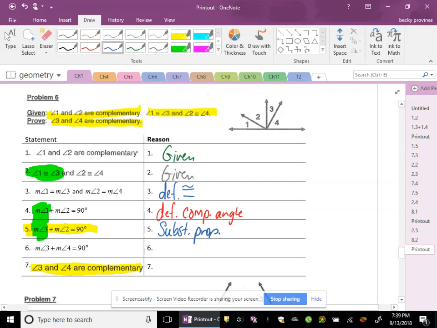Now from step 5 to step 6, what's happening? Well, angle 2 turns into angle 4. Are those equal with each other? And they sure are. So we're going to use the substitution property.